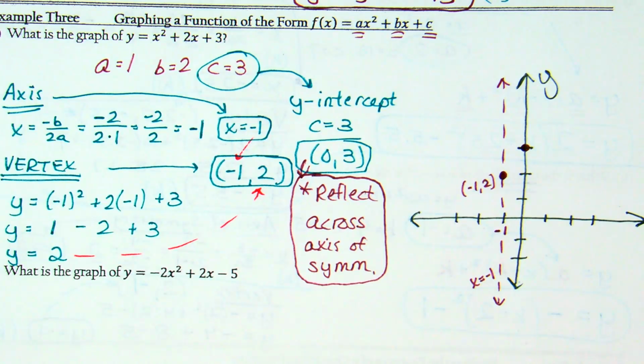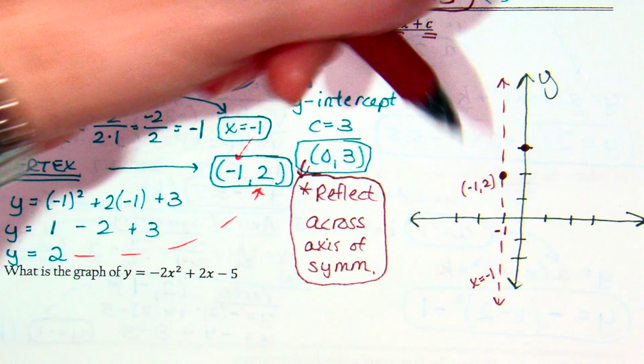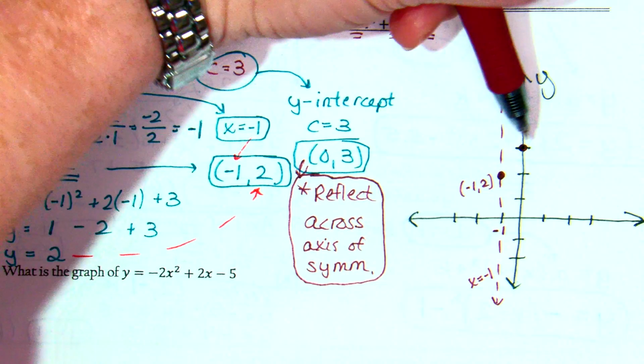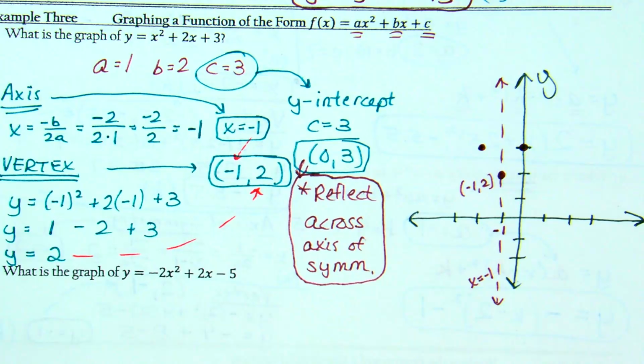Now, how I always ask this: where is that 0, 3 in relation to my axis of symmetry? It is 1 to the right. Does that make sense? So I need a corresponding point that is 1 left. So it's going to end up at negative 2, 3. The point on your axis of symmetry needs to be your vertex.